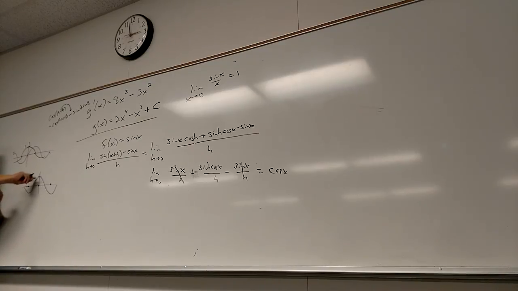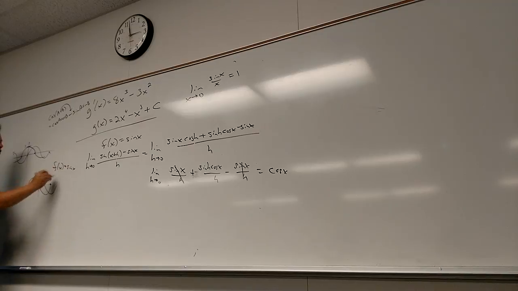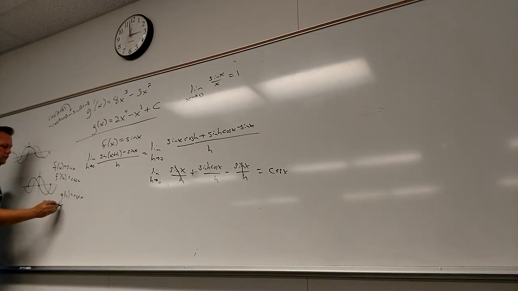Back here it's positive, and over here it's negative. Is that sine? No, that is negative sine. So if f is sine, the derivative is cosine. But if I've got cosine, the derivative is negative sine.